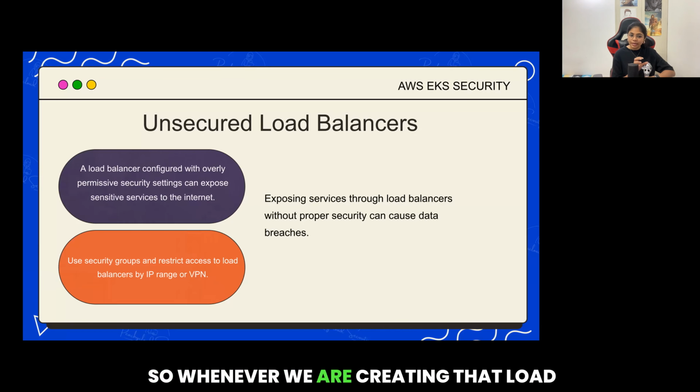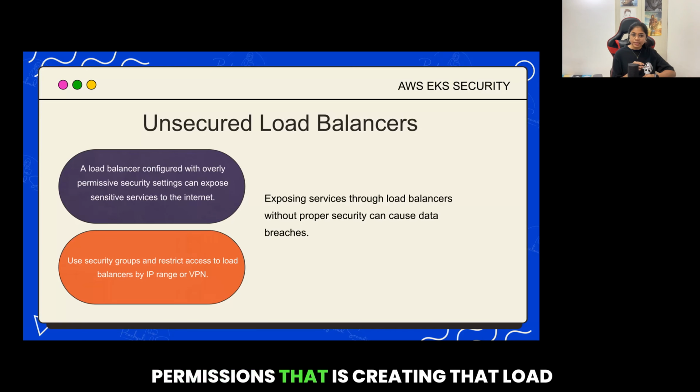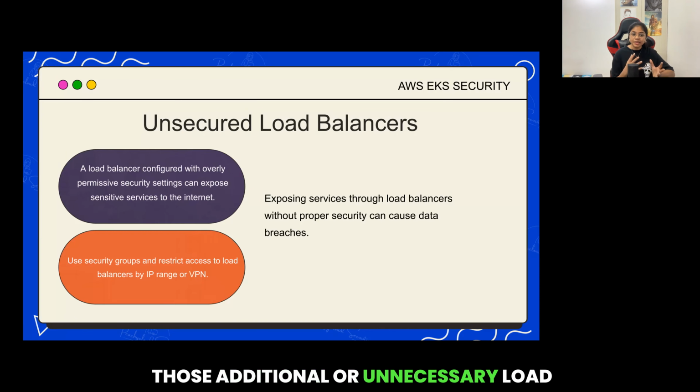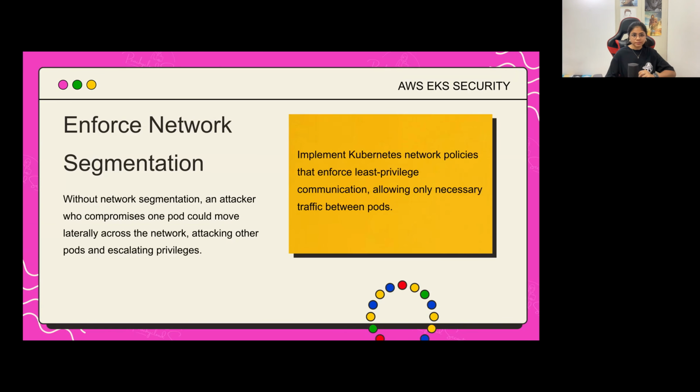So whenever we are creating that load balancer, make sure that we are restricting the security group there. Additionally, we can also restrict the permissions for creating load balancers so that no service can create additional or unnecessary load balancers.